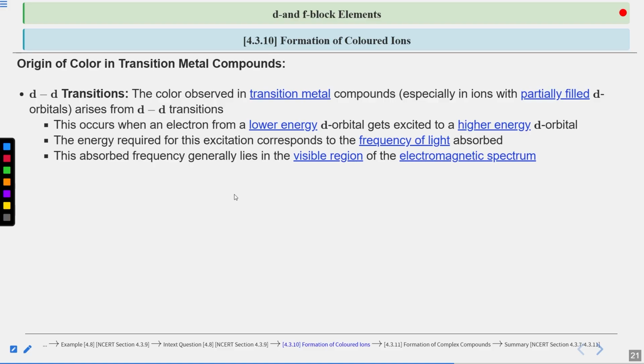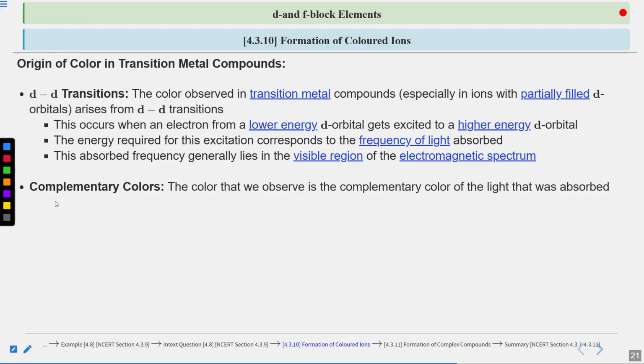That's why we call that region the visible region. So the energy required to excite the electron from a lower energy d orbital to a higher energy d orbital corresponds to a particular frequency of light absorbed, and that frequency generally lies in the visible region of the electromagnetic spectrum.